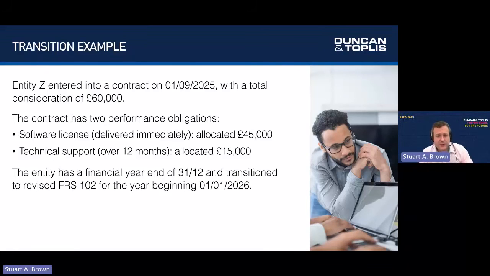So in this example, the entity has a year end of December and is transitioned at the beginning of the 1st of January 2026. Well, a simple example. So the transition date in this instance is the same as the effective date of the revised financial reporting standard.